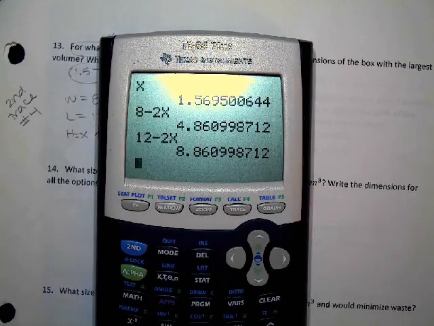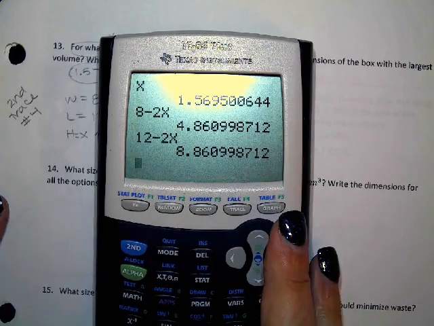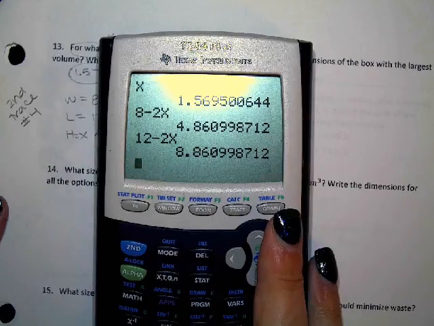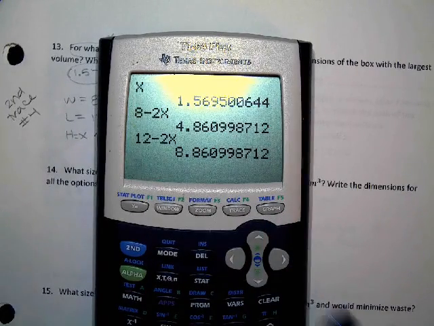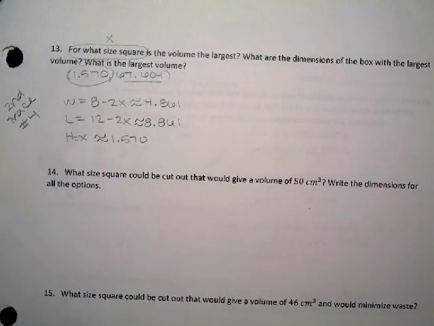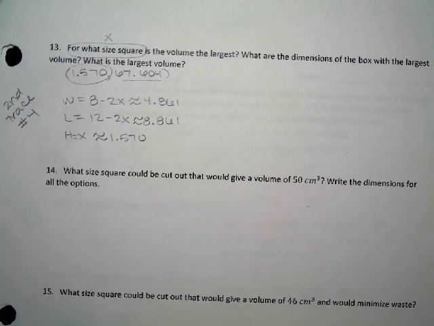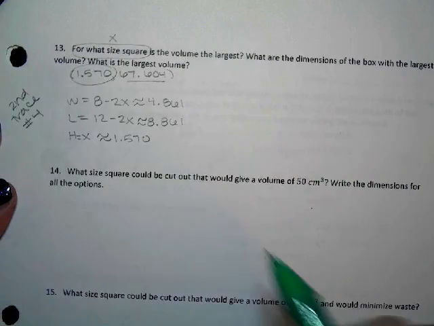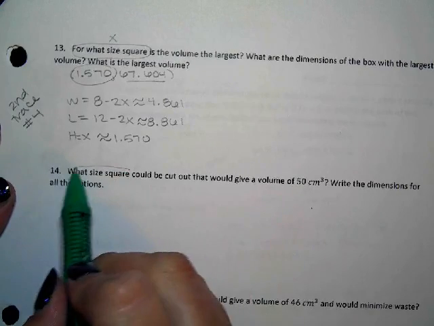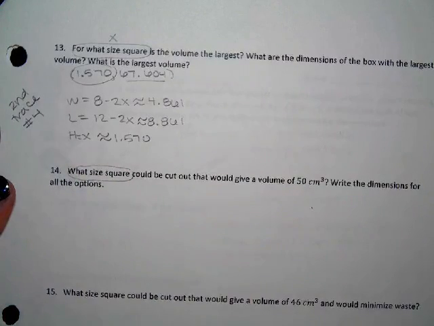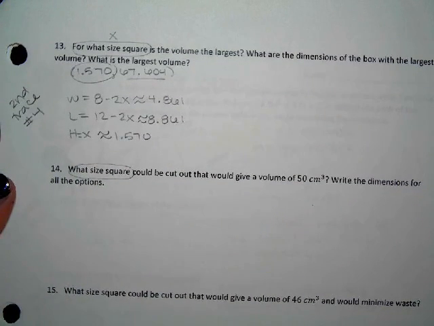The next one says, what size square would be cut out to give a volume of 50? What letter are we finding? We are finding x. So what is the y value? 50. We haven't done it yet with this scenario, but we did with the other scenario. How do we do this question?